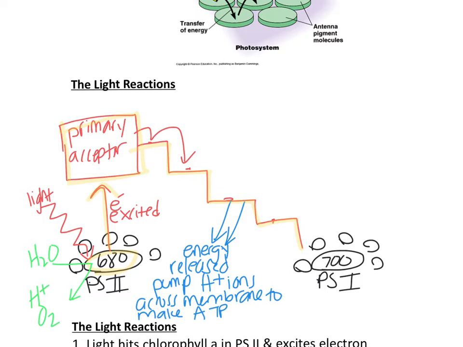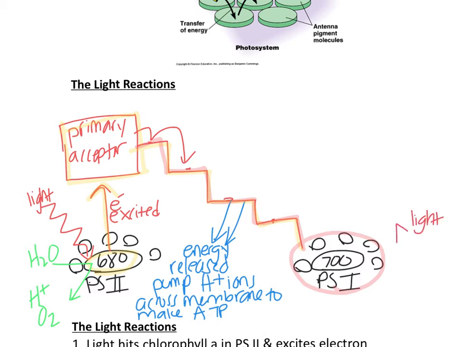Continuing on, we have that electron that was falling down this electron transport chain. Instead of oxygen being the electron acceptor, now we have something called photosystem 1, which is a collection of pigments. The definition of a pigment is a molecule that absorbs light.